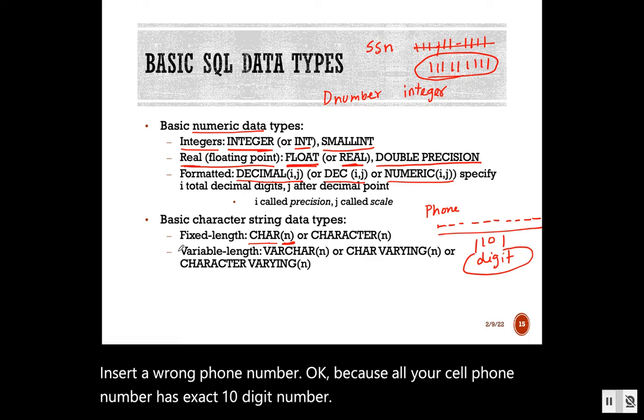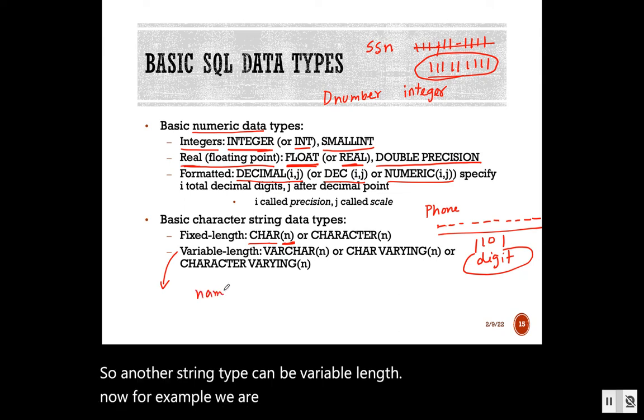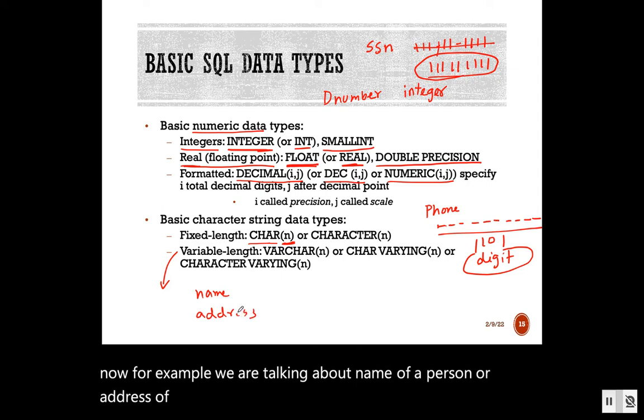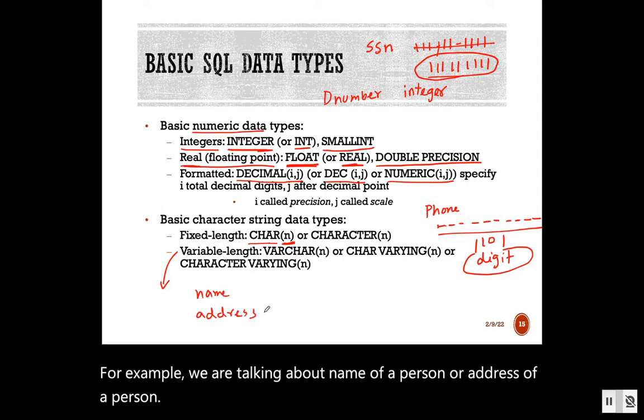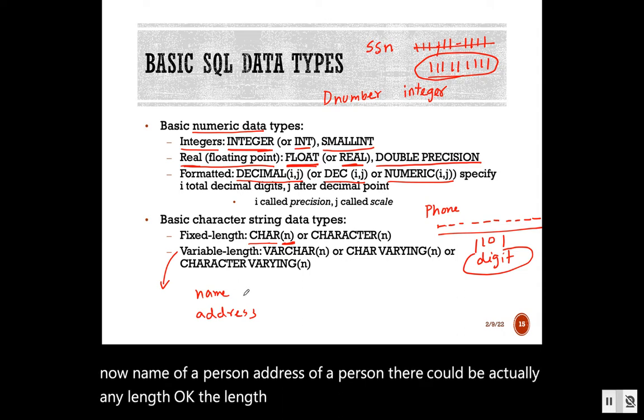Another string type can be variable length. For example, the name of a person or the address of a person could be of any length.